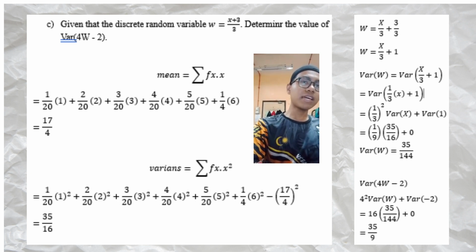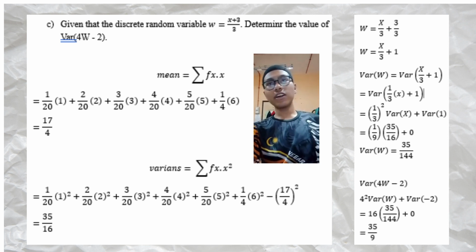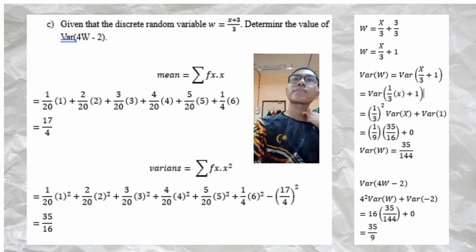And then after we get the answer, we need to minus the mean times the mean square. So the answer for the variance is 35/16.